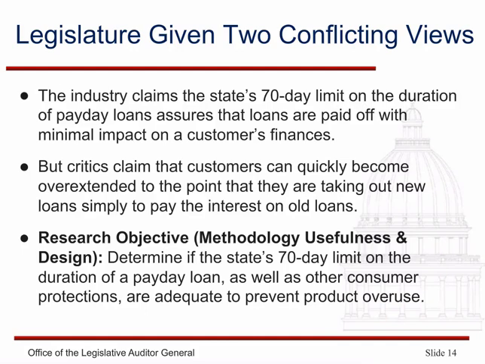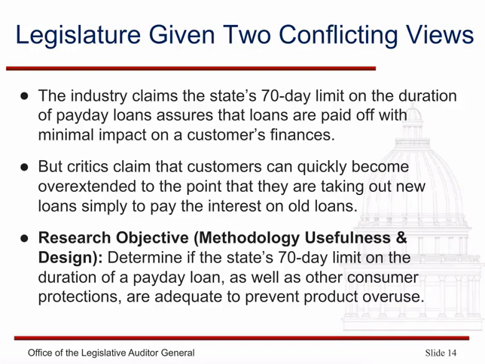Our legislature was being given two conflicting points of view, as is often the situation. The industry was claiming that the state 70-day limit on the duration of payday loans was making sure everything was okay, that borrowers could pay it off and there would be minimal impact.